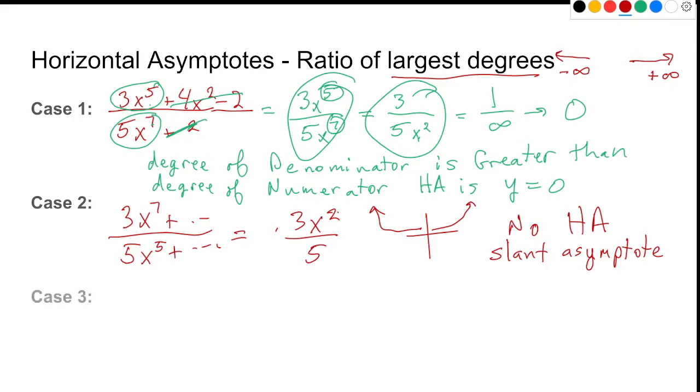Okay, so case 3, what we haven't considered yet is what happens when they're the same degree. So notice, numerator greater than denominator.